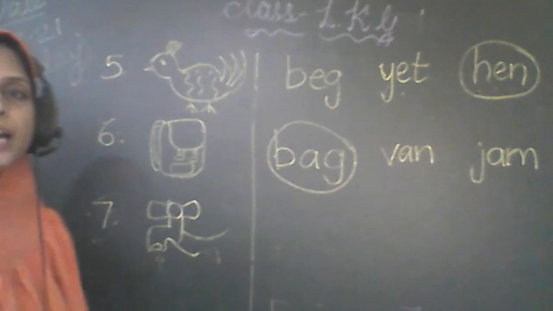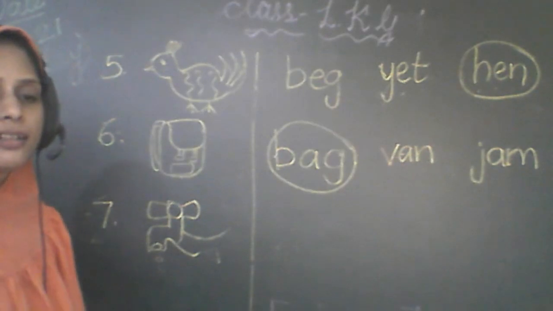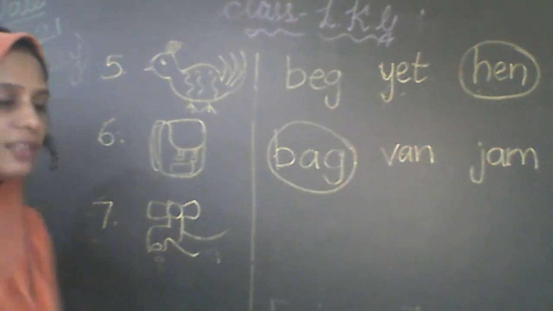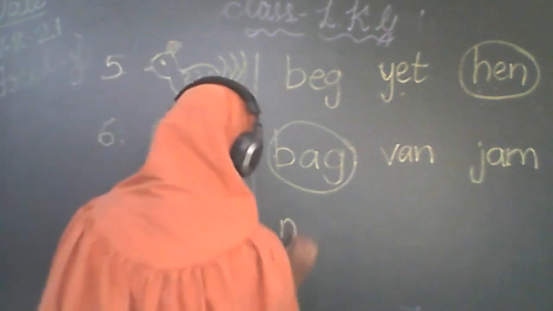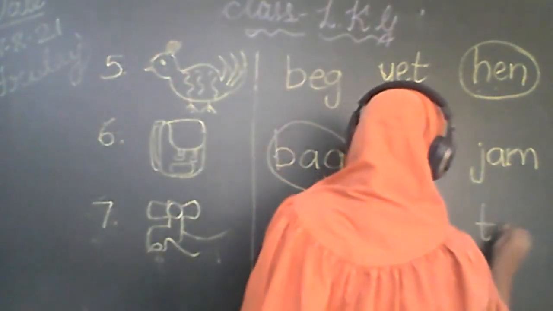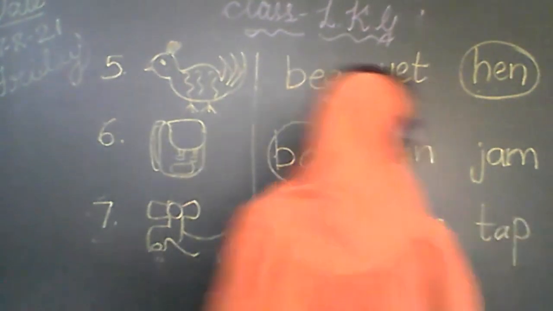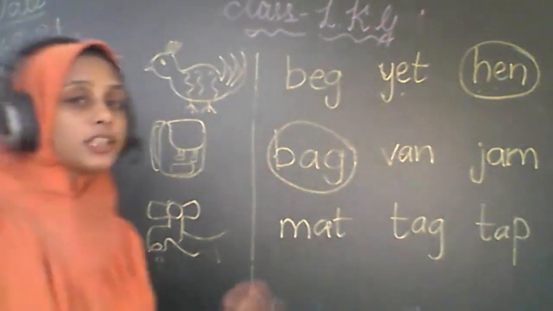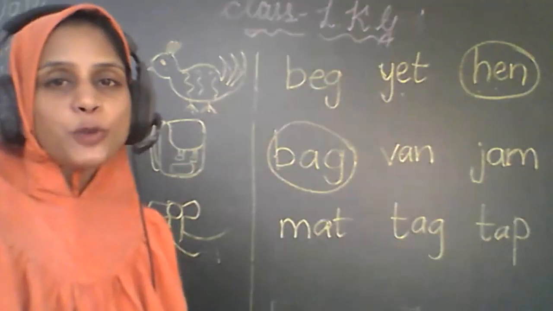It's a tap. नल, नल को हम टैप कहते हैं. Chalo. So come on, let's read the words together. Let's find out the correct word for the picture tap.